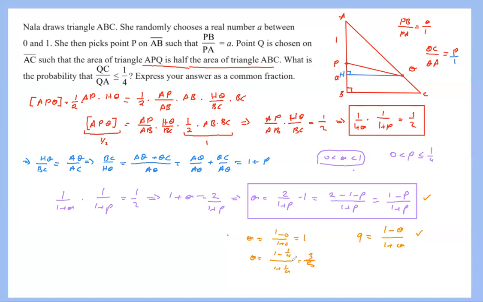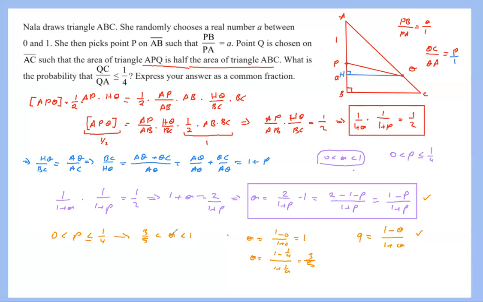So the a could be the corresponding value for p. When p is between 0 and 1/4, the corresponding a's are not between 0 and 1. So you cannot have everything in this interval. You could have only a values between 3 over 5 and 1.